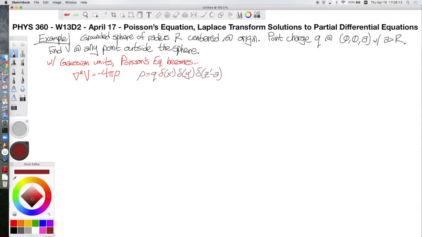So we have a density. We want to get q, the charge, back out once we integrate over everything. So there's a q out front, and then 3 delta functions specifying the x, y, and z location of this point charge q. So based on what we discovered in our previous example, we know the solution to this equation.